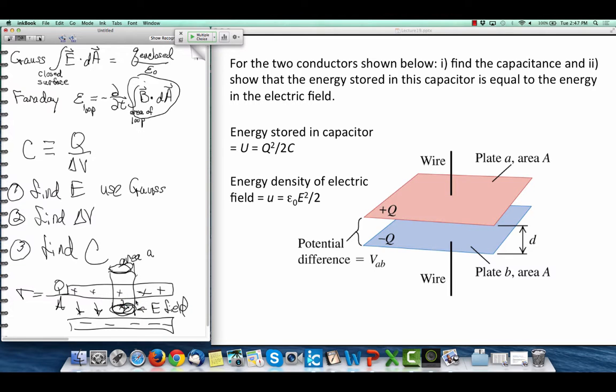And so Gauss tells me that E dot dA is E times the area of that face. The electric field in between the plates times the area of the face is equal to Q enclosed. The charge enclosed is the charge per unit area, Q over capital A, times the area of that cylinder face, and then divided by epsilon zero.